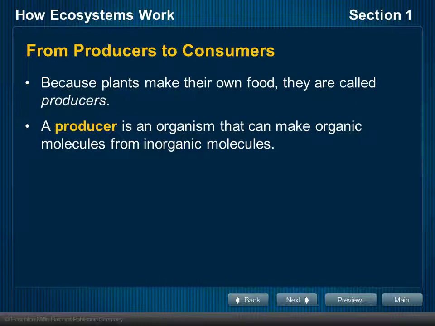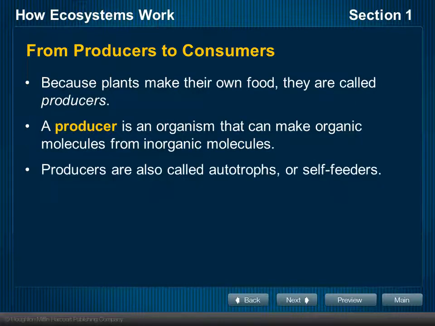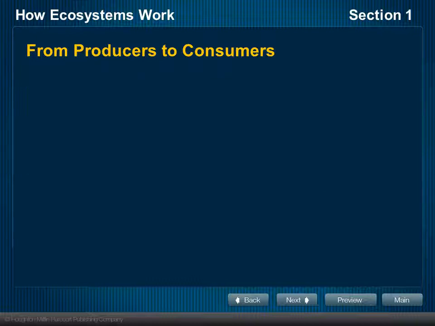And we'll see that in some of the more extreme locations and ecosystems that exist. We also refer to producers as autotrophs or self-feeders. Of course, they make their own food. Then it makes sense that we would come up with the term self-feeders.